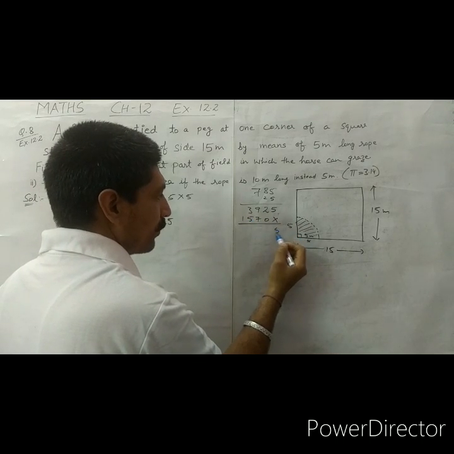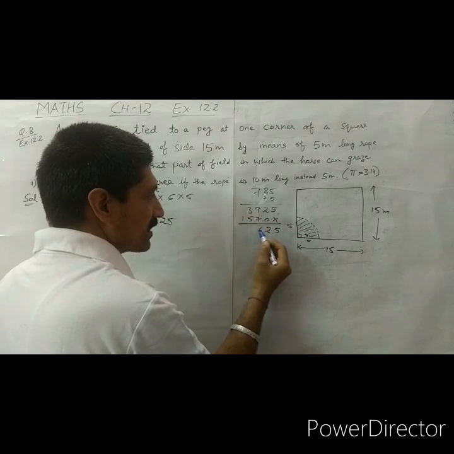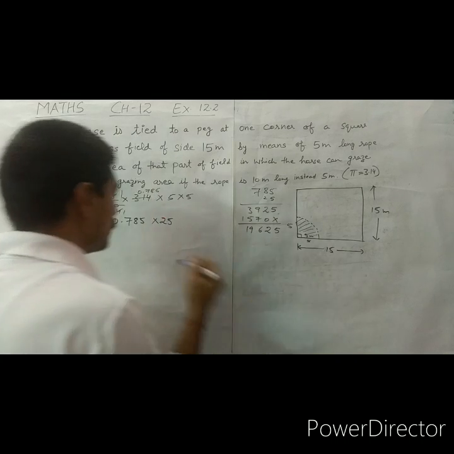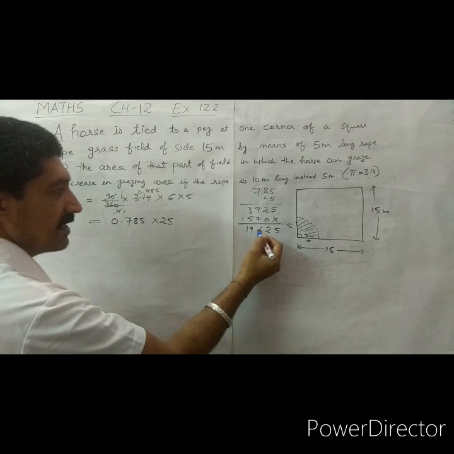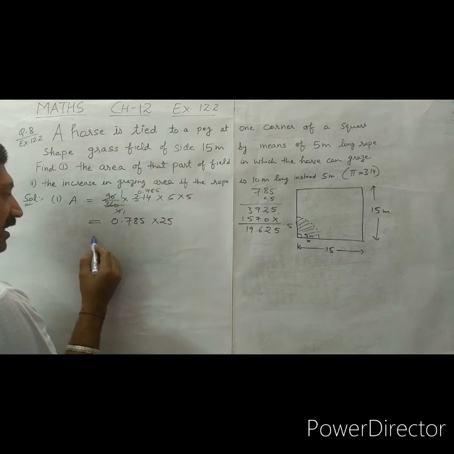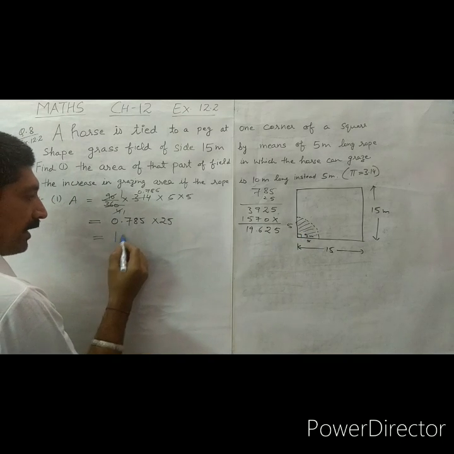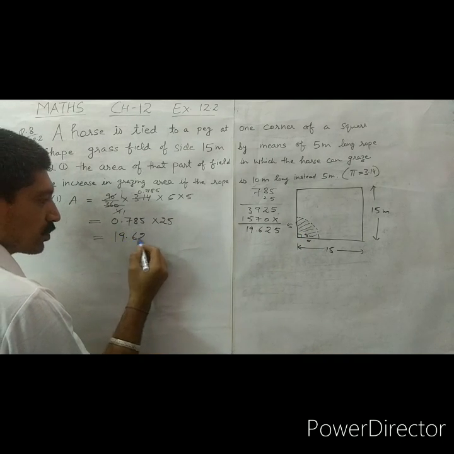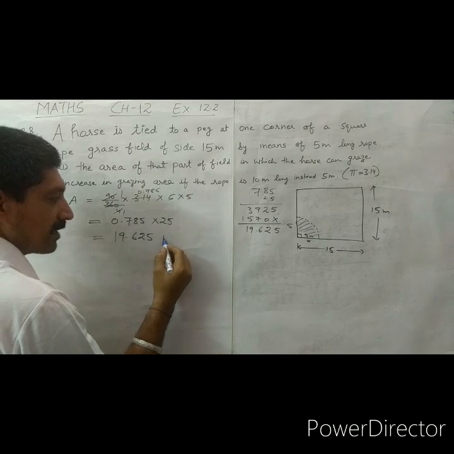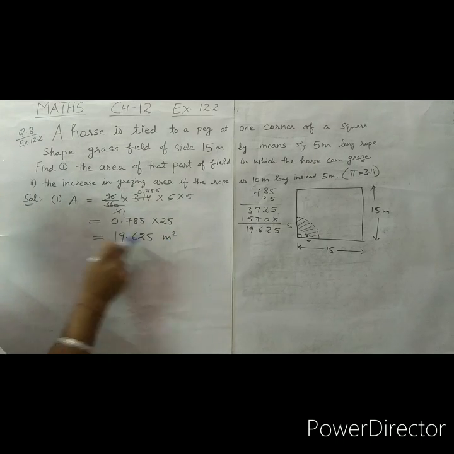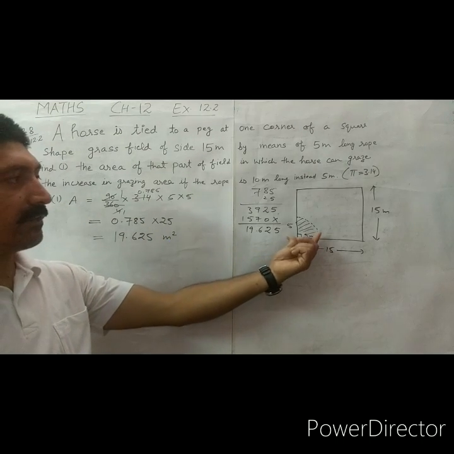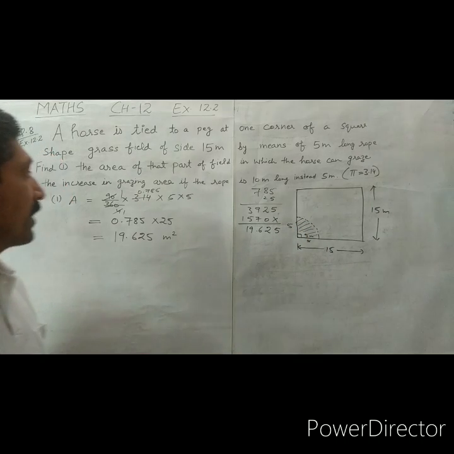So we have 3 decimal places. So this grazing area is 19.625 meter square. So part 1, this is the grazing area in which the horse can graze.